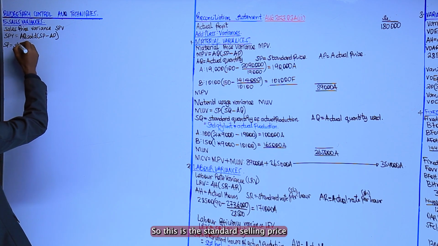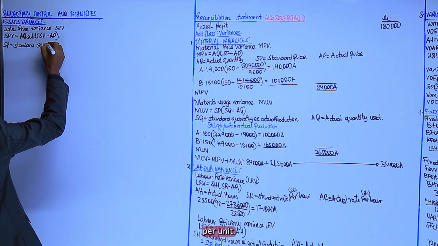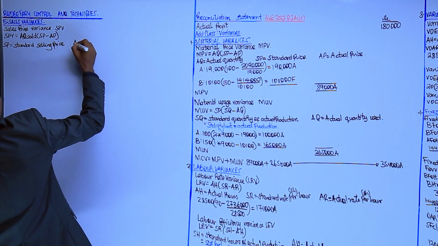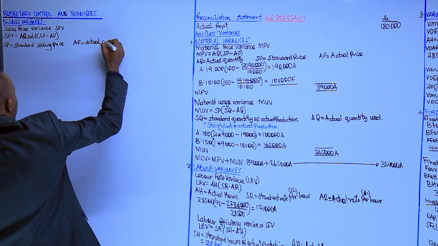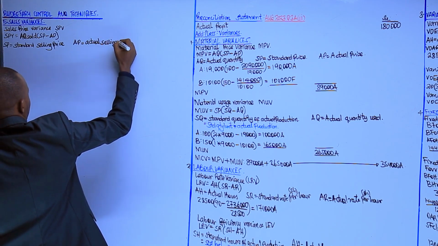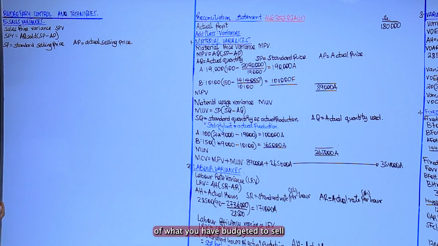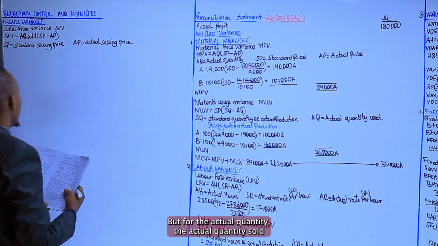The standard selling price is the budgeted selling price per unit. AP means your actual selling price per unit. So it is a variance of what you had budgeted to sell in shillings and what you actually sold in shillings, but for the actual quantity.